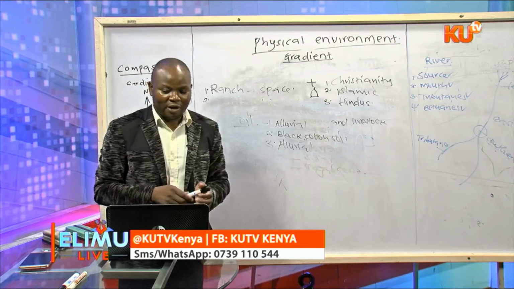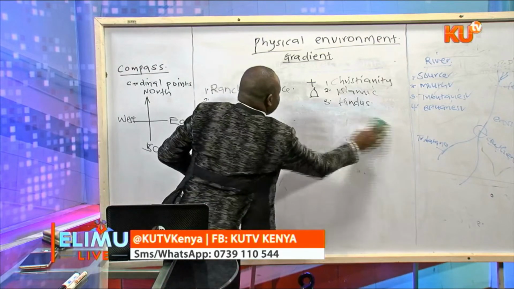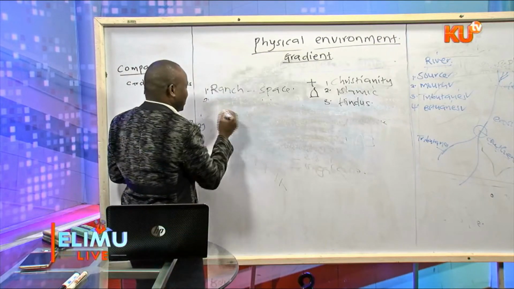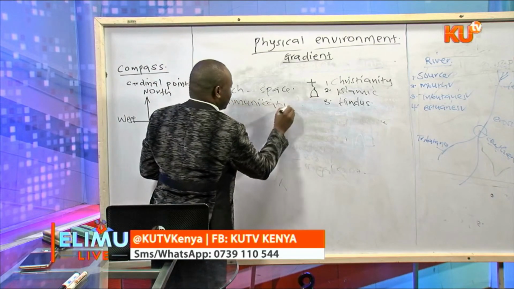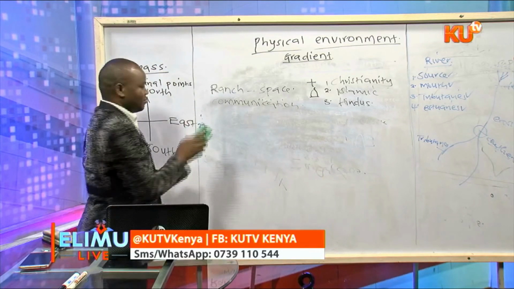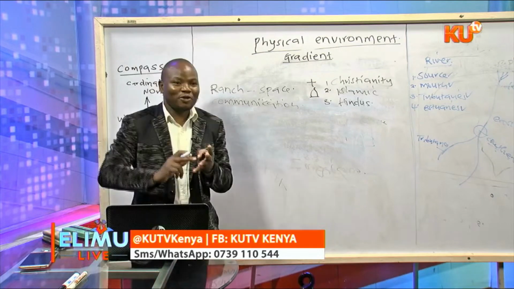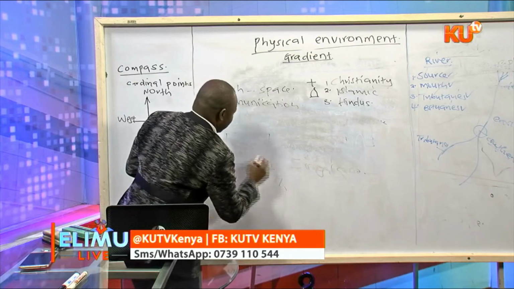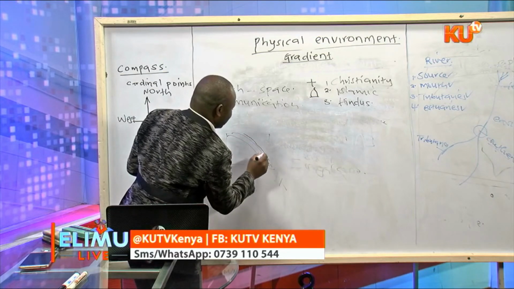So we also have things to do with communication. In an area, I'm just sketching, let me not number them. In communication, you are supposed to see, do you have a communication mast? Do you have a communication line in the area? For example, this is an area, this is the road, and you have the communication line following this place.